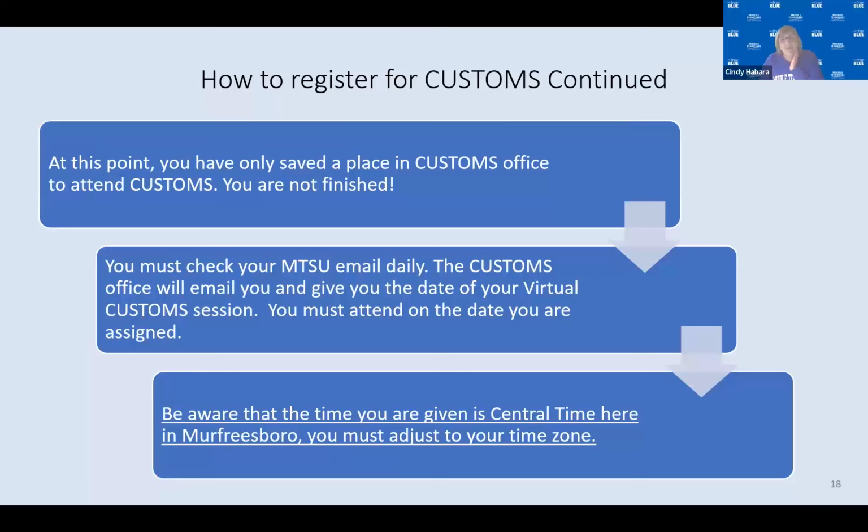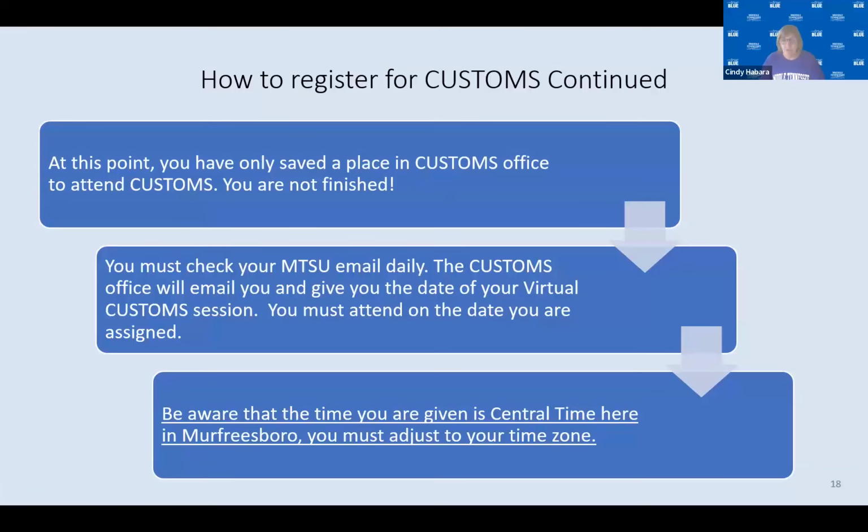Okay, after you've filled out your little Google form, you've saved a spot, but you're really not finished. They're going to send you an email from the customs office and they're going to give you the date of the virtual customs. They're going to send you the link that you need. They're also going to be communicating with your advisor. This person has set for this date. They're supposed to be on customs on August 6th, but they haven't taken the placement test.